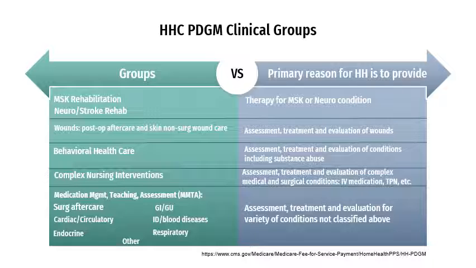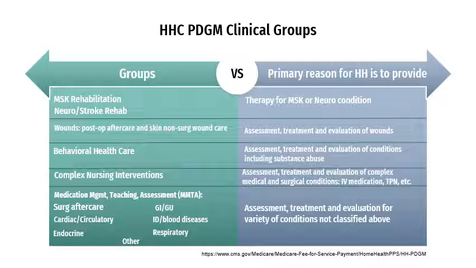The fourth being behavioral health care, and the primary reason for the home health is assessment, treatment, and evaluation of conditions. And interestingly, this does include substance abuse. So perhaps the patient has a substance abuse issue that is the primary reason requiring home health care. So I thought that was nice that that was noted in there.